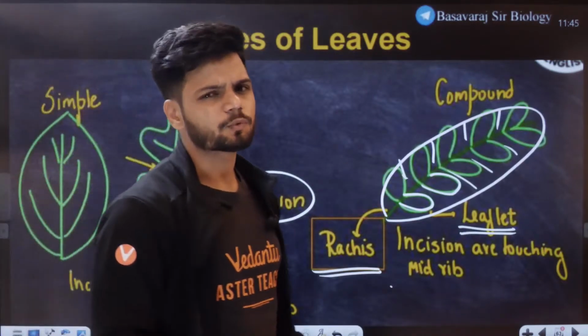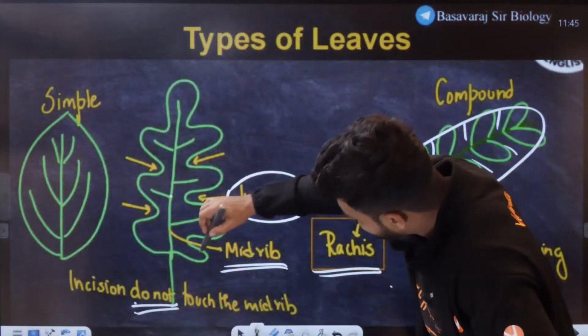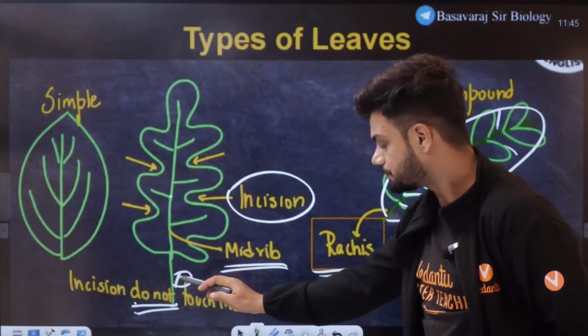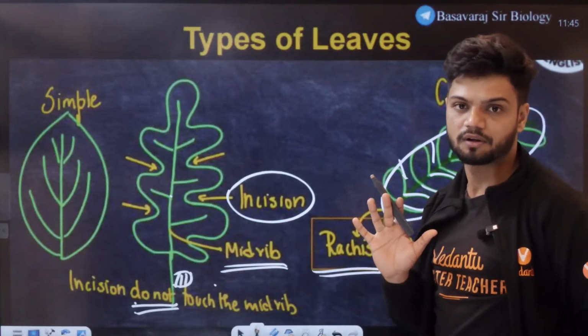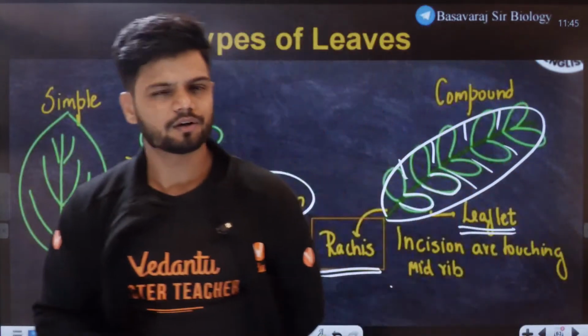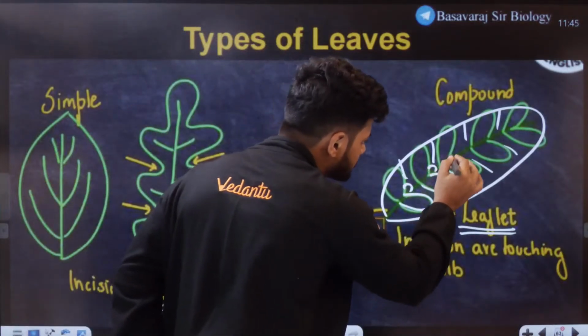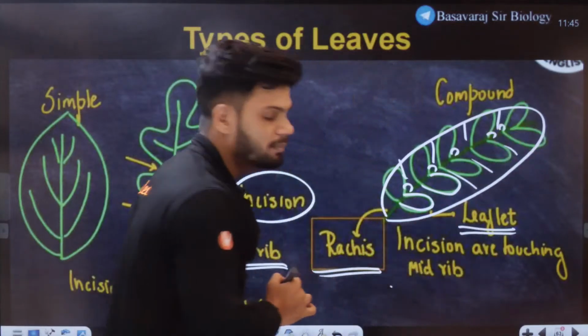Now students, tell me in the chat quickly, all of you. In the case of a simple leaf, at the leaf axil we will have something called an axillary bud. Axillary bud is present here. Do you think there will be an axillary bud everywhere here?